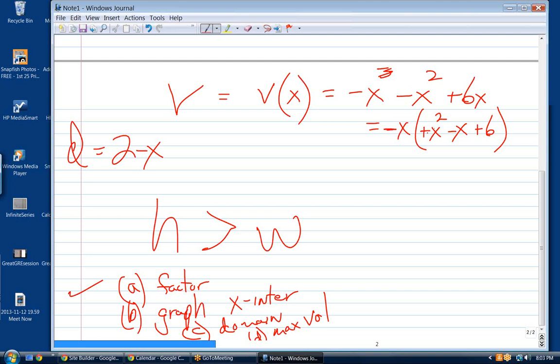And that would make that positive, and this negative. And now, the reason I did that is because we're going to have to factor that, which factors rather easily, into what? X minus 3.